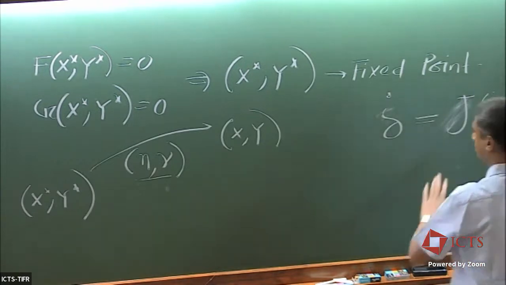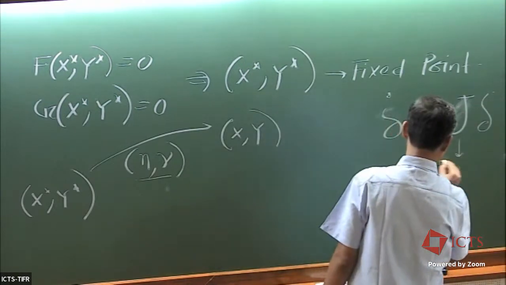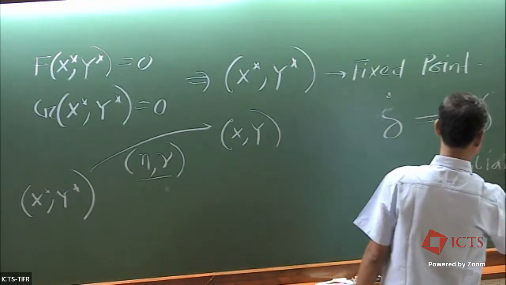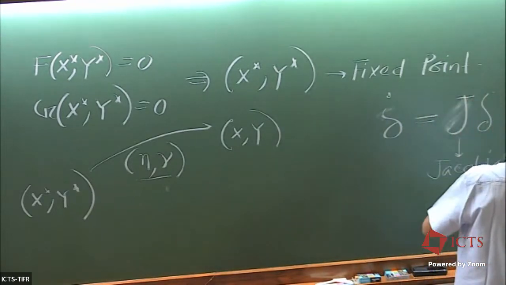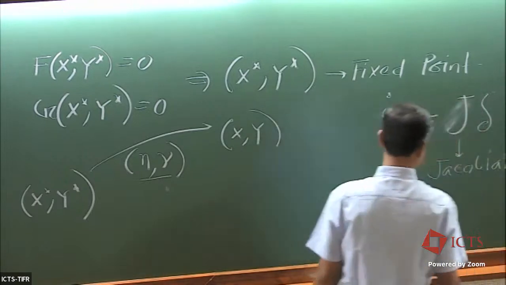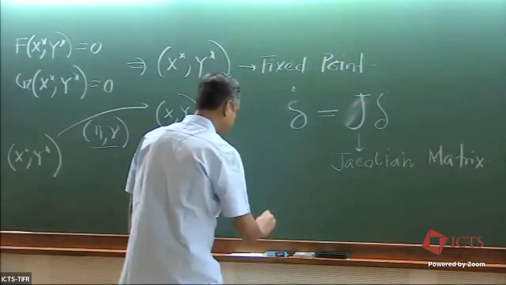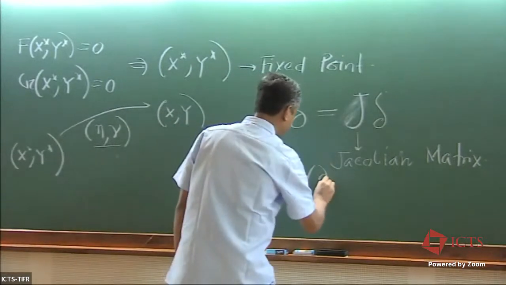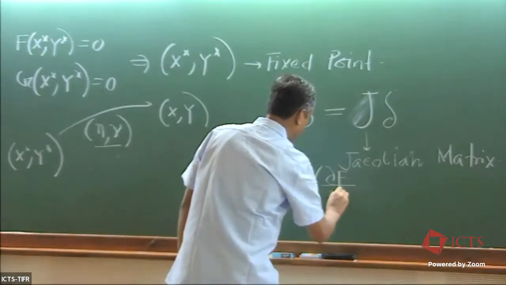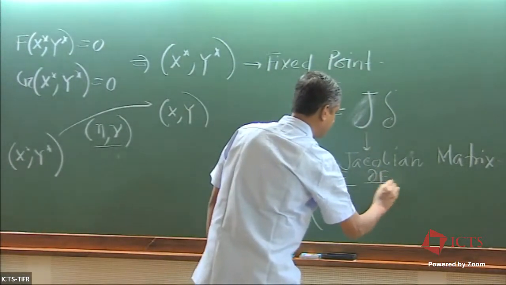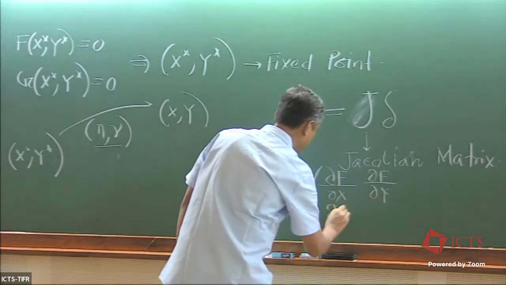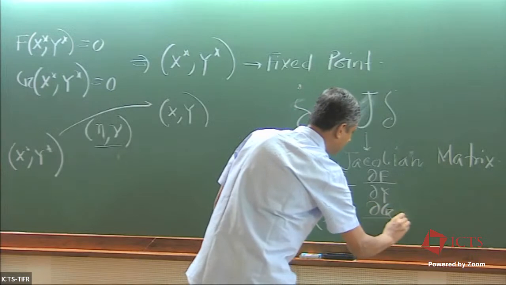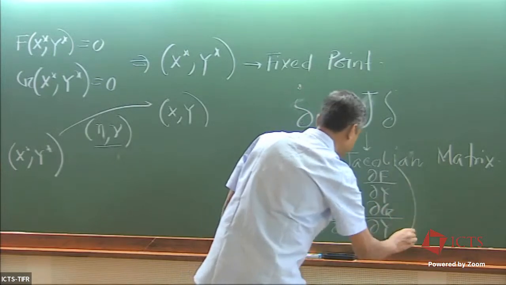And this J is called the Jacobian matrix, and a little bit of calculation gives del f by del x, del f by del y, del g by del x, and del g by del y.